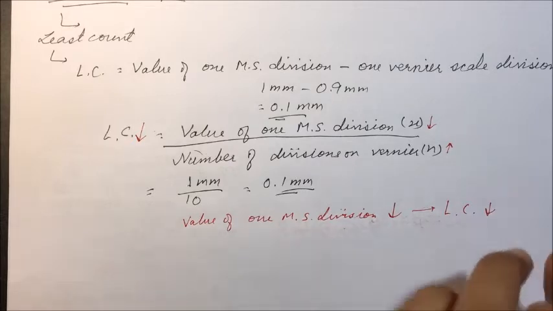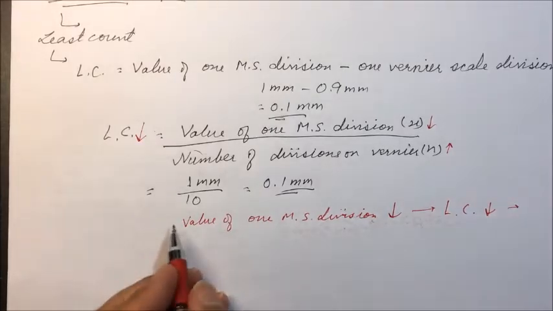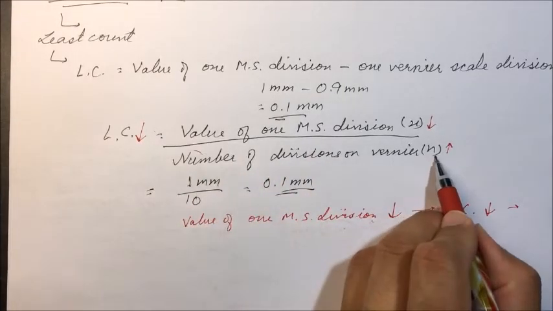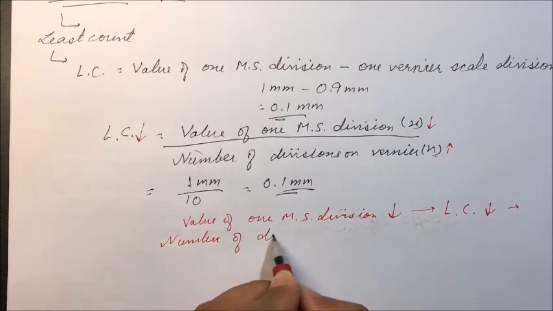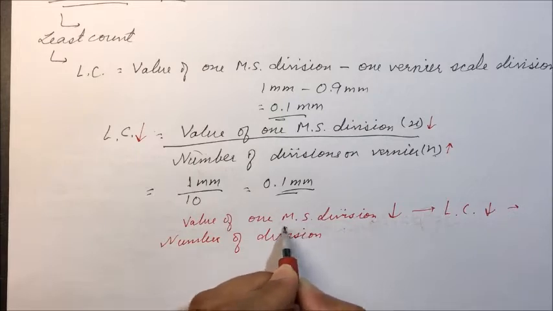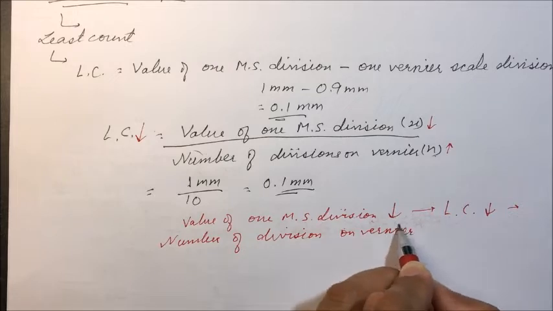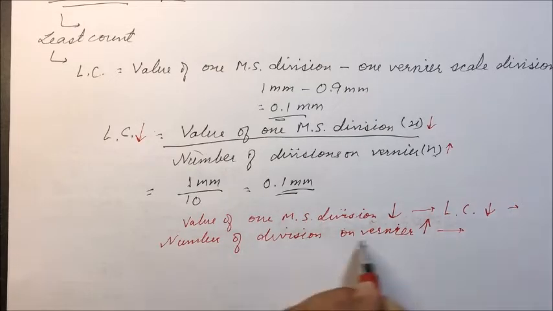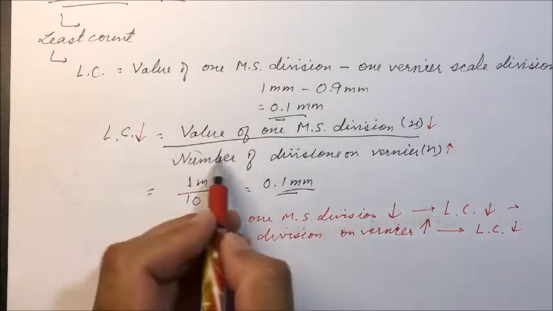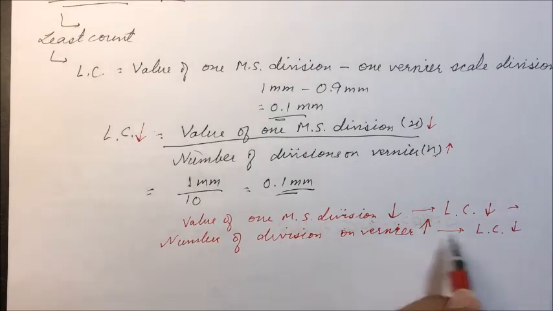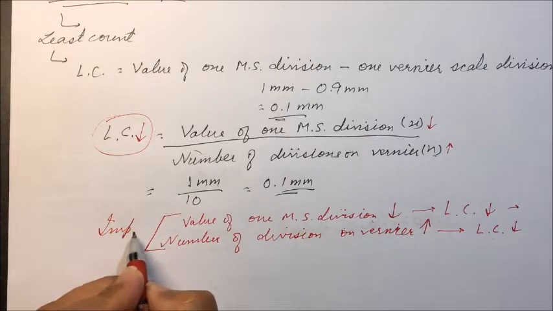We will get a smaller least count, and thus a more precise measurement. Or if we increase the value of the denominator, that is, the number of divisions on vernier, the least count will decrease, because they are inversely related. So by these two ways we can decrease the least count, and this is important.